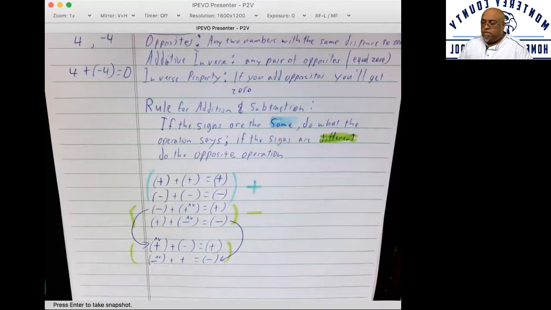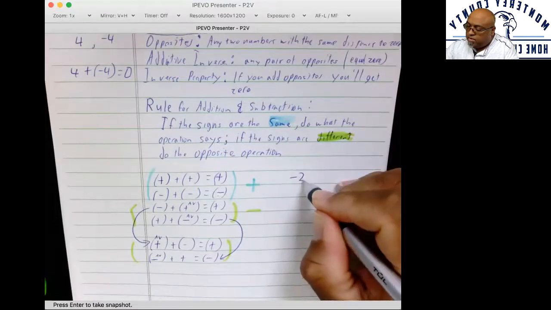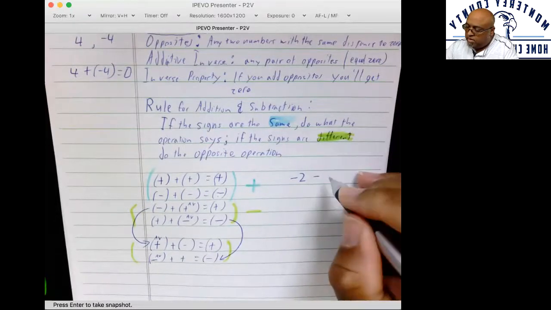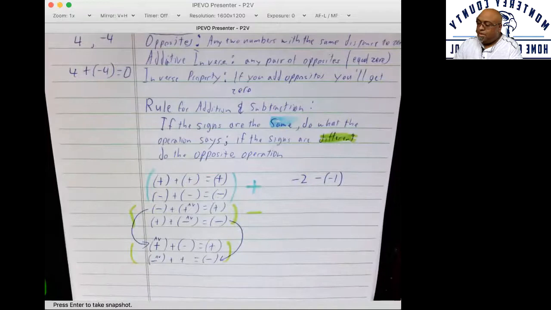Now, I want to apply the same rules to subtraction. With subtraction, sometimes it can get a little bit complicated. So let's take, for example, I have -2 minus -1. Okay? I have -2 minus -1.